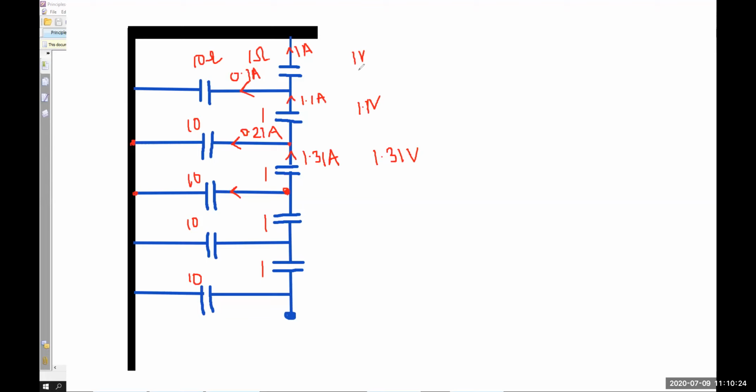This plus this plus this, so 1 plus 1.1 plus 1.31, 3.41, right? So your current will be 0.341 ampere. So how much current will you have here? This current plus this current, 1.651 ampere.